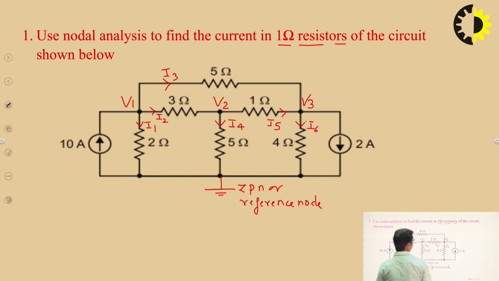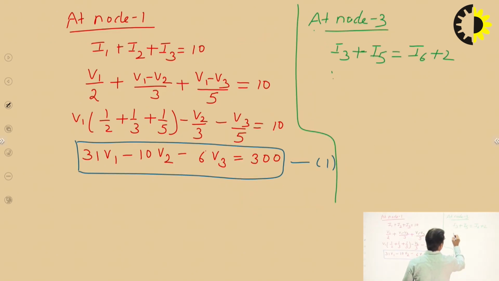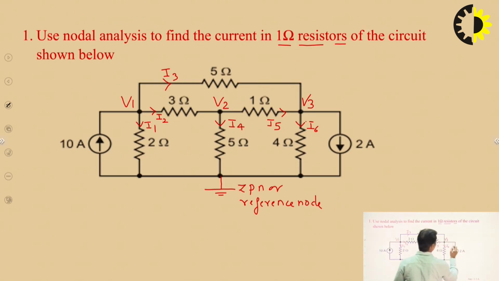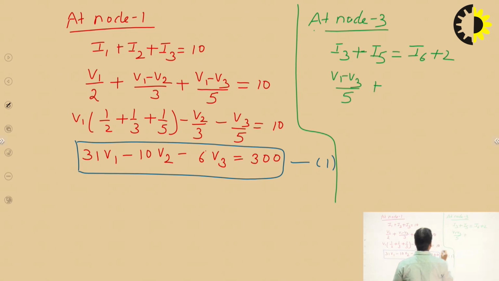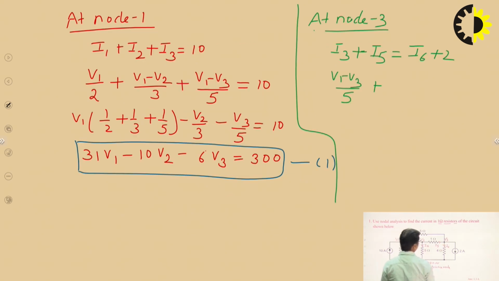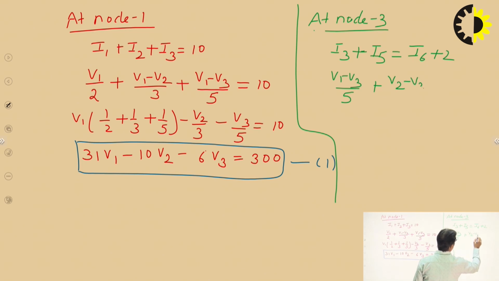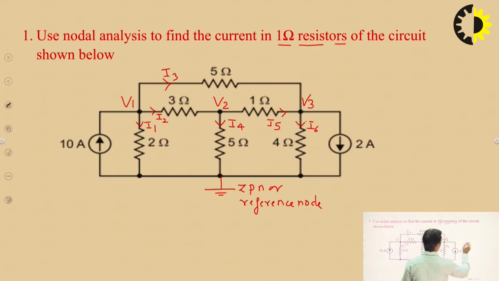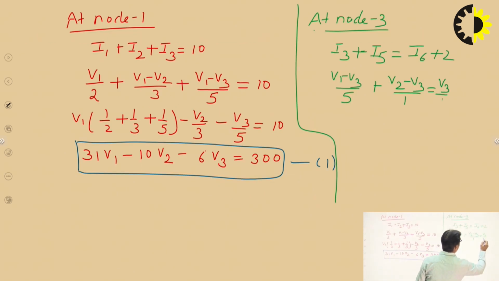And since we know that I3 is equal to (V1 minus V3) upon 5, plus I5, which is (V2 minus V3) upon 1, is equal to I6, which is V3 upon 4, plus 2.